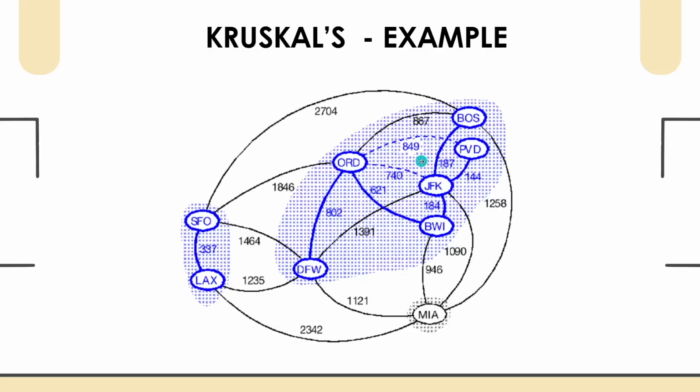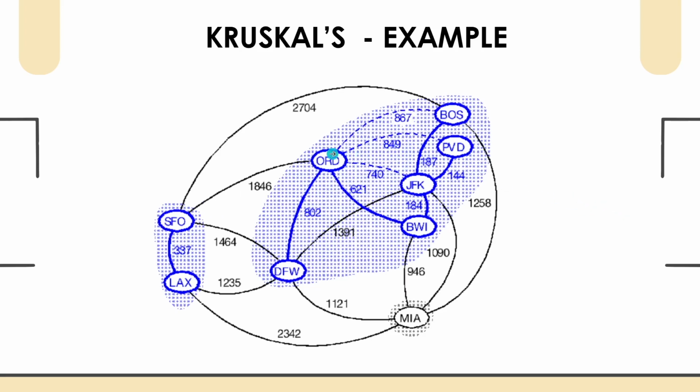And our next possibility is to pick up the next edge with the least cost, which is 849 in this case, and we do not add this particular edge, because if we add it to the minimal spanning tree, then there is a possibility of entering into a cycle. So, we just discard this edge.